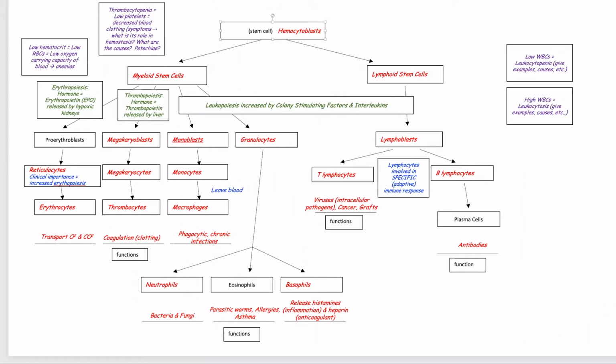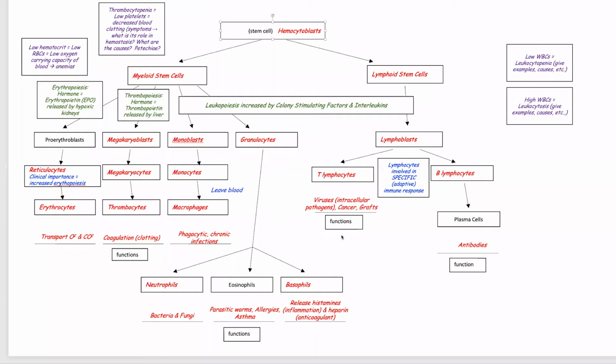Recall that lymphocytes are part of your specific immune response or adaptive immune response. We'll look at what this means later when we study the immune system. But briefly, this means that these cells recognize only one antigen or foreign molecule and mount a response against that particular antigen.